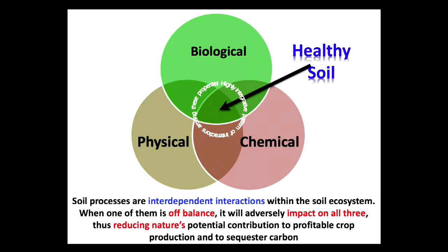Simple example like this. Imagine that the soil has some compaction. How does that compaction affect the physical part of that soil? Well, it doesn't allow water to infiltrate. It doesn't have enough pore space in there. And because it doesn't have enough pore space, it's affecting the biology, because the microbes don't have the habitat, the nice house to live in, and that is why the biology is jeopardized.